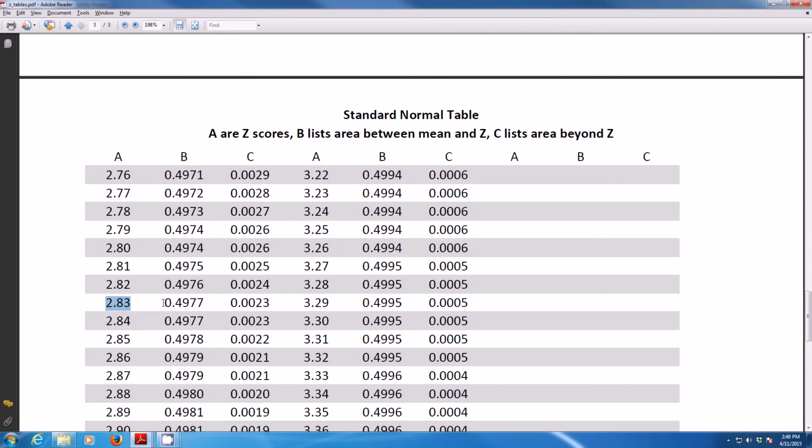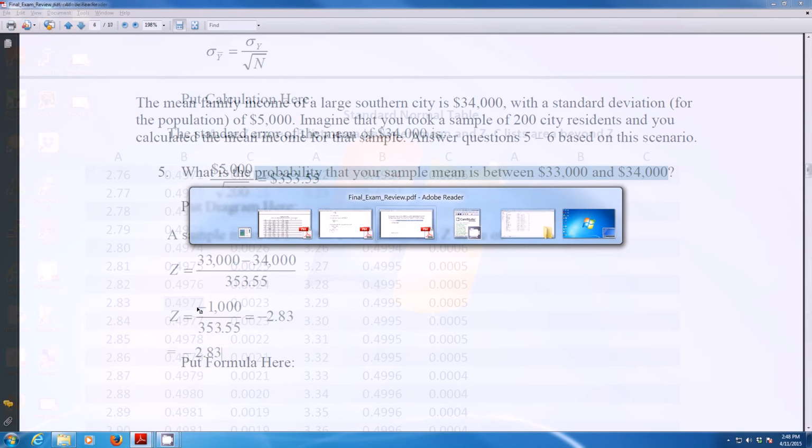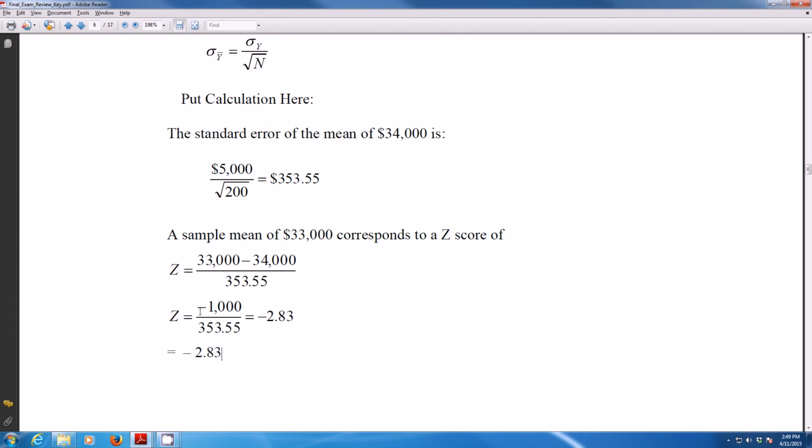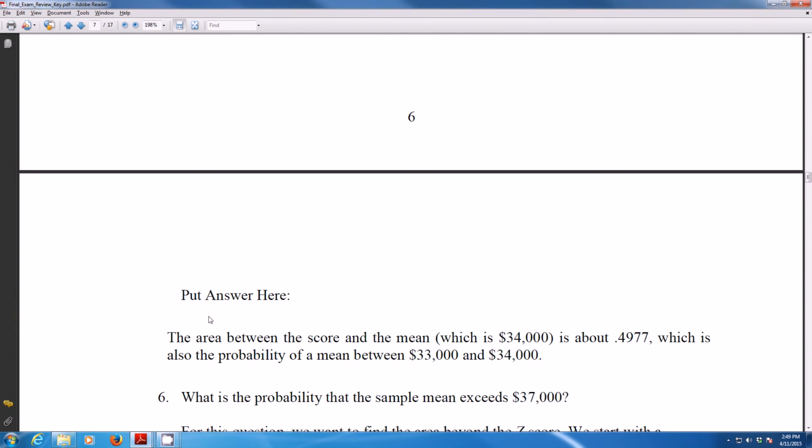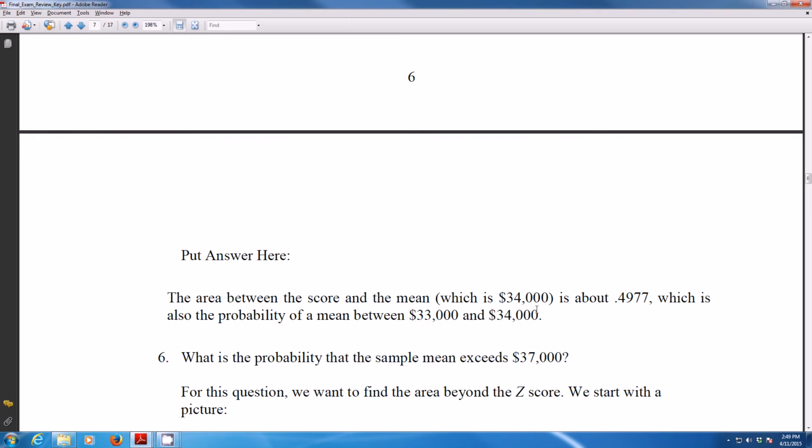And so that's this value, column B. And so that's a value of 0.4977. And so that's going to be the answer to our question. We're basically finding that there's about a 49.77% chance that the sample mean is between 33,000 and 34,000.